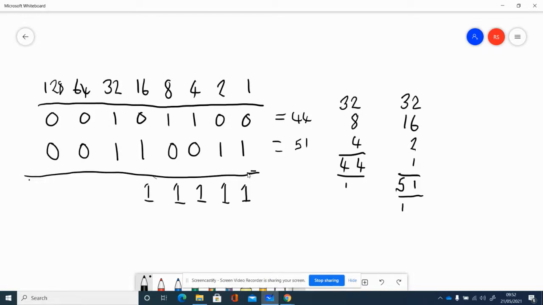Now I can't write down a 2, but I can write a 0 here and carry a 1, because the pattern for 2 in binary is 1, 0. So I'm carrying my 1, and I've got noughts here, but there's the 1 I've carried. And I've added my numbers together.